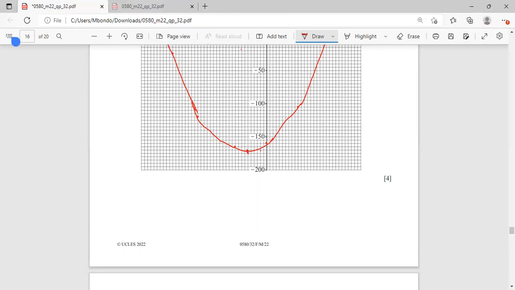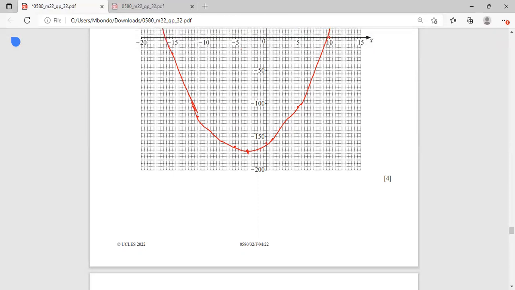This is -3, comma, 60, 70. This is 70, 60, 70.